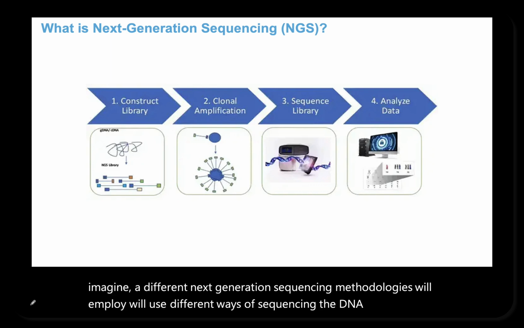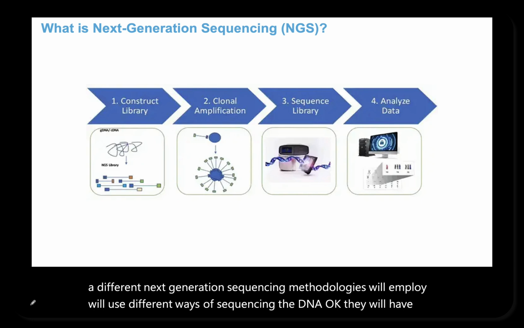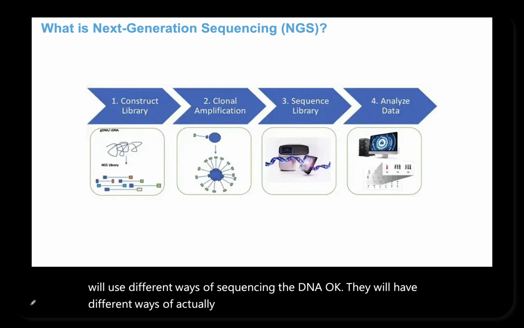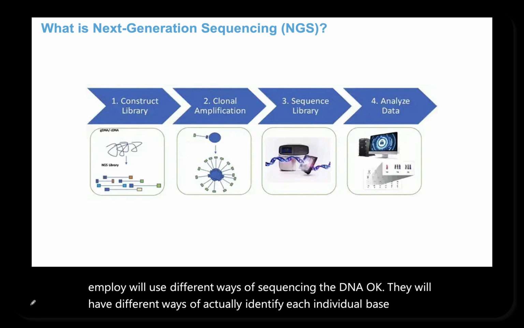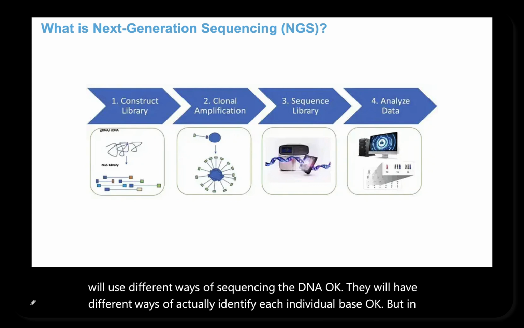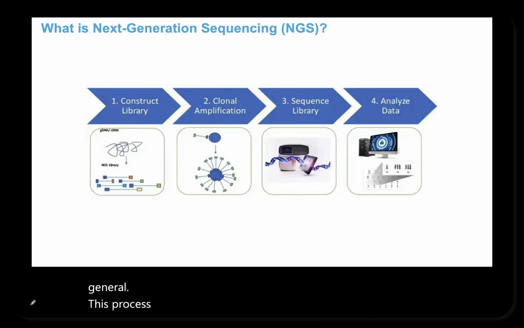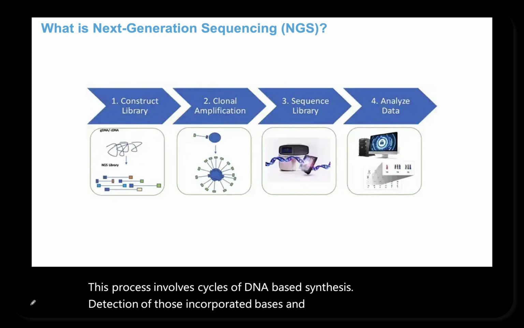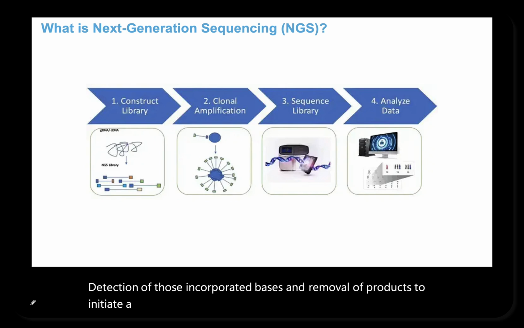Okay? They will have different ways of actually identifying each individual base. But in general, this process involves cycles of DNA base synthesis, detection of those incorporated bases, and removal of products to initiate a new cycle.